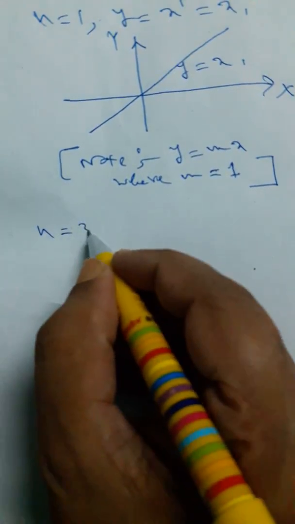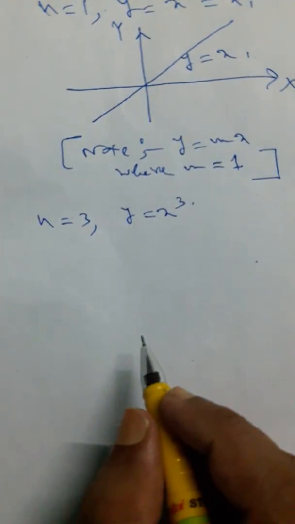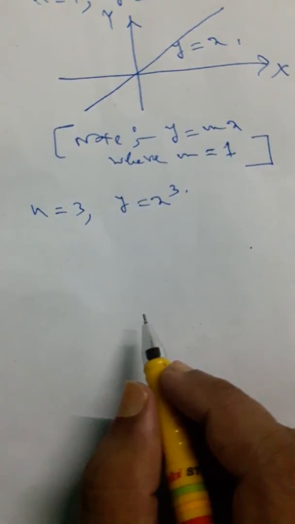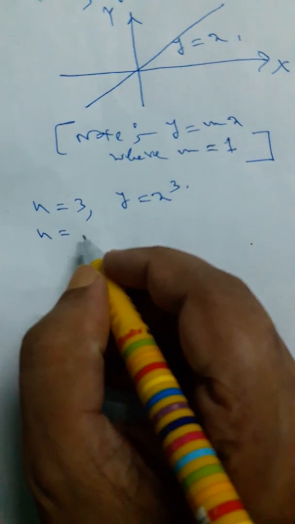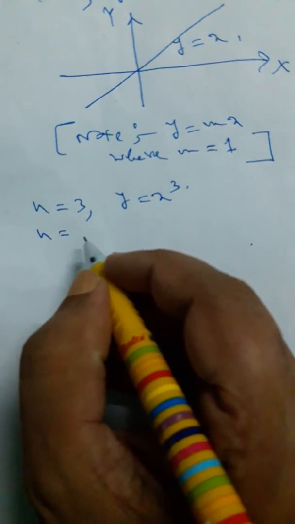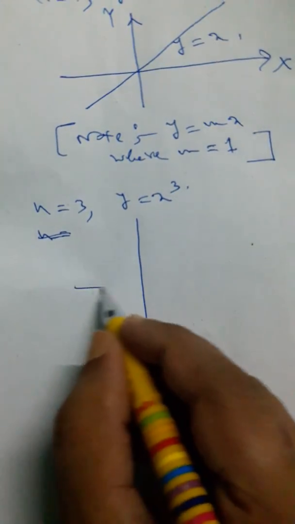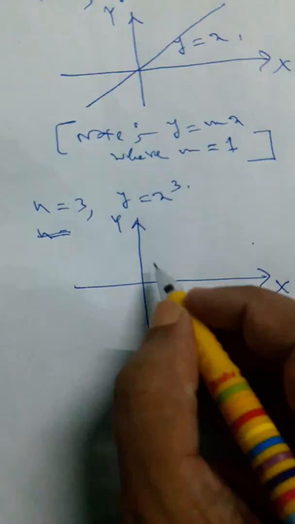Taking n equals 3, we get y equals x cube. It is an odd power of x. Let's construct what happens there. This is the x-axis and this is the y-axis.